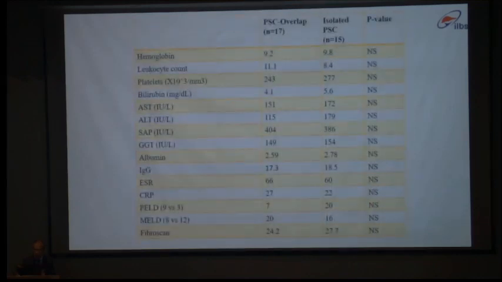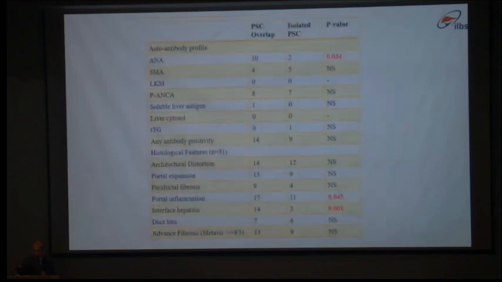Biochemical parameters and FibroScan values were comparable. ANA was more positive with PSC overlap, which is obvious, and histologically there was more portal inflammation and interface hepatitis in PSC overlap in comparison to isolated PSC.